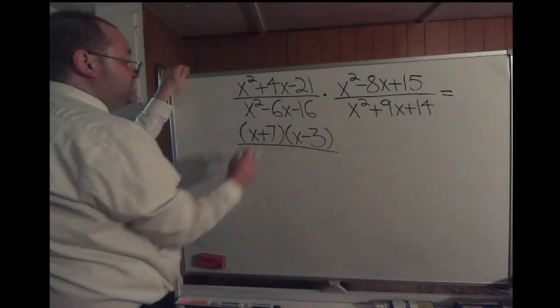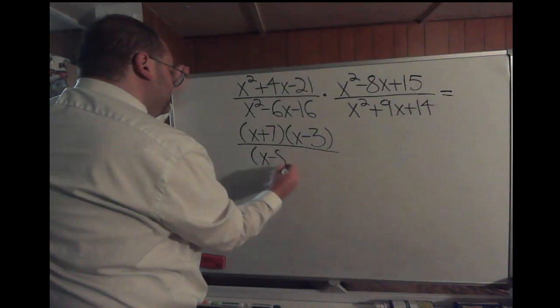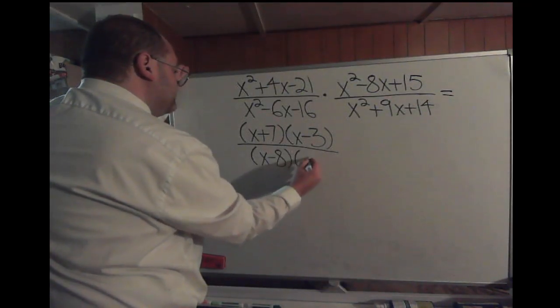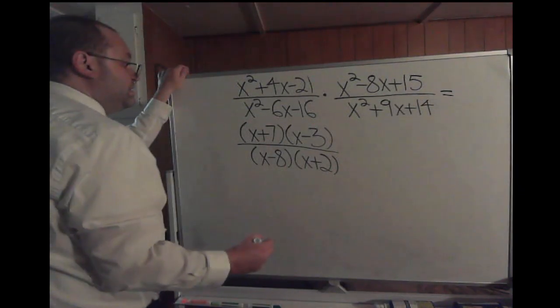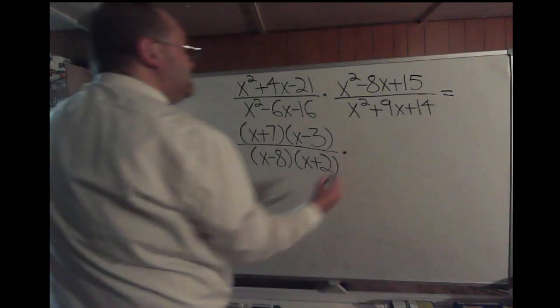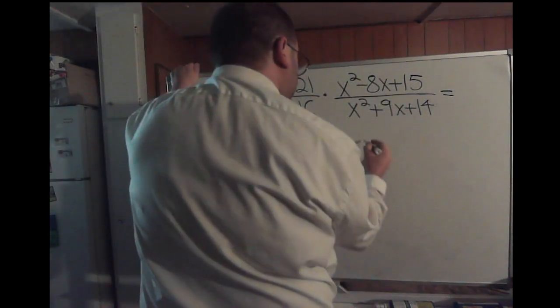Factor that out, you would get x minus 8 times x plus 2, times, now let's factor out x squared minus 8x plus 15.